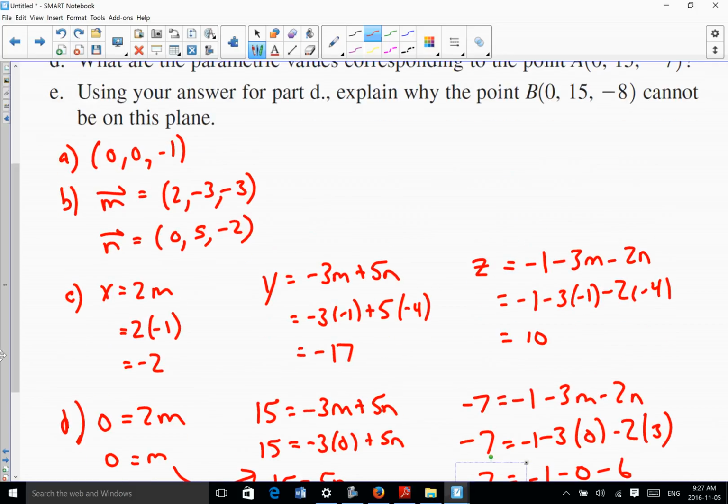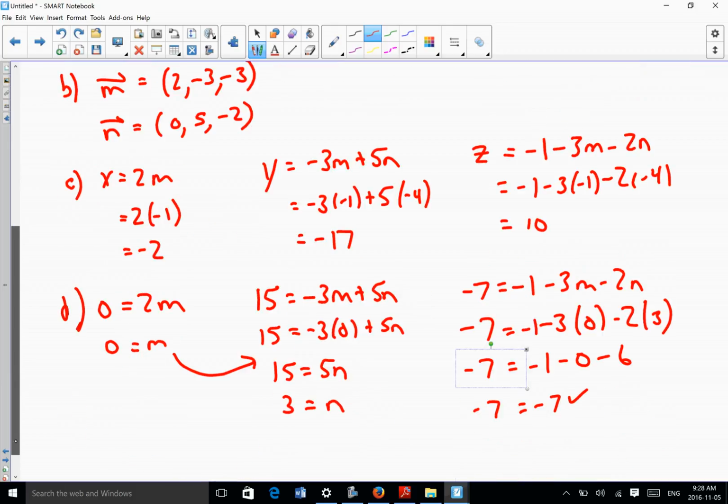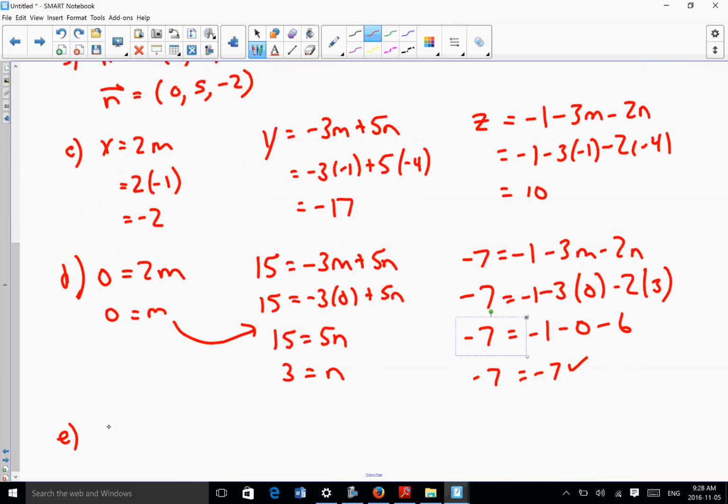Okay, so for part E, using our answer for part D, explain why the point 0, 15, and negative 8 cannot be on this plane. Well, if I use x is 0 and y is 15, and I solve for parameter m and parameter n, both m and n can be solved for.